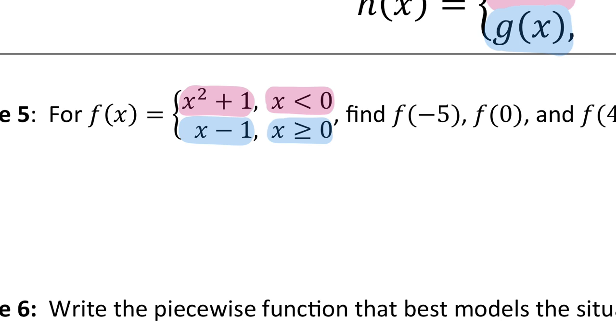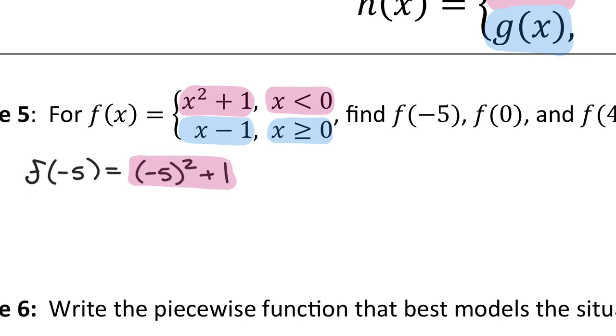So our job when it comes to piecewise functions is to understand what input variable value goes into which part. So this first question says to do f of negative 5. I'm wanting to plug in the number negative 5. Is negative 5 less than 0 or bigger than or equal to 0? Less than 0. So I'm going to take negative 5 and plug it into that red function, x squared plus 1, because I know that negative 5 is less than 0, so it goes in the red one.